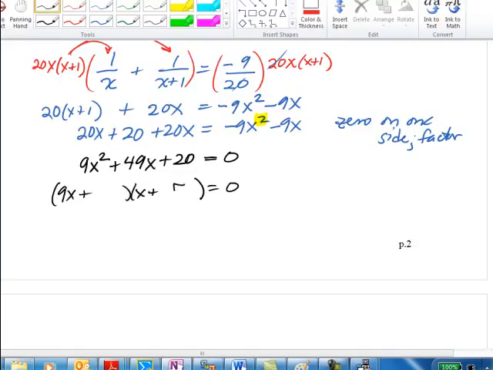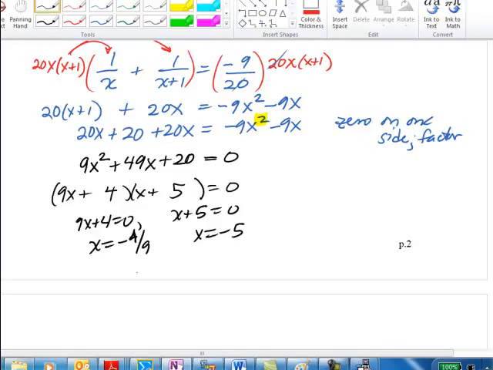And then it looks like if I put a 5 here and a 4, that should work. 45x plus another 4x would give me 49 in the middle. So that's good. So then I'd set each factor to 0. 9x plus 4 equals 0, or x plus 5 equals 0. This gives me x equals negative 4/9. This gives me x equals negative 5.